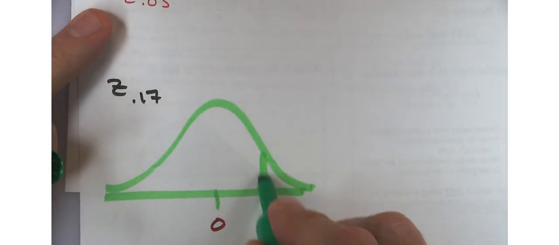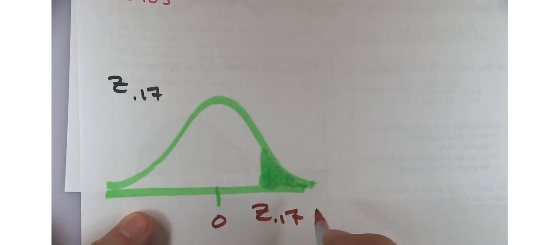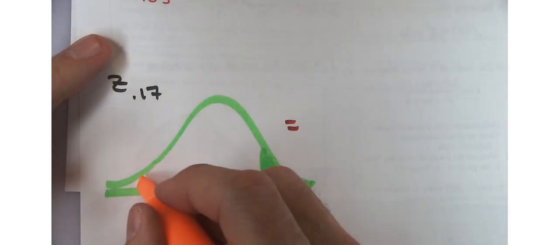Now, am I taking care to draw it exactly? No. The thing I want to make sure of is that it's on the proper side of 0, so that if you use the wrong numbers and get a negative number, hopefully you'll look at that and say, oh, there's a mistake, I should get a positive number. So Z sub 0.17. If I have 17% of the area here, how much area is there? 83%, so 0.83.